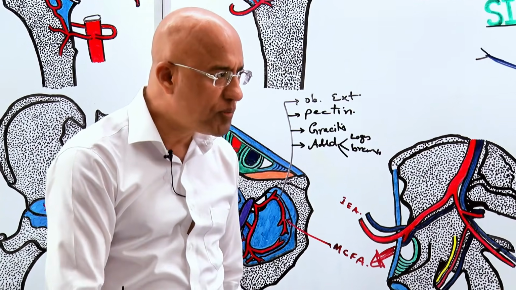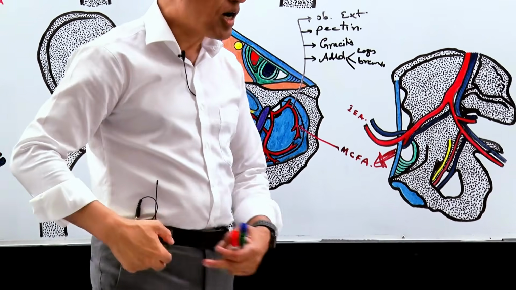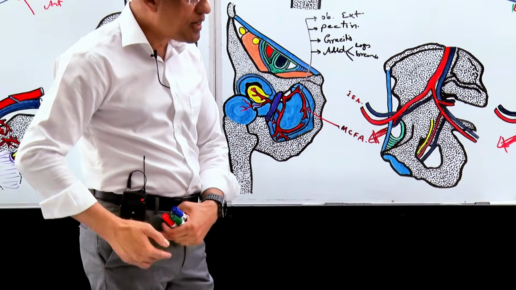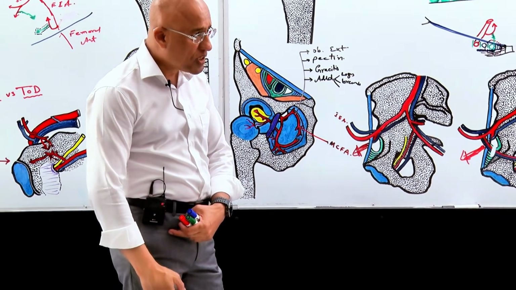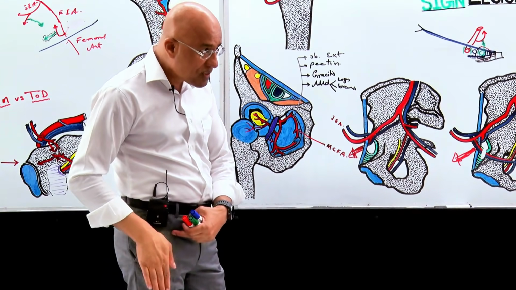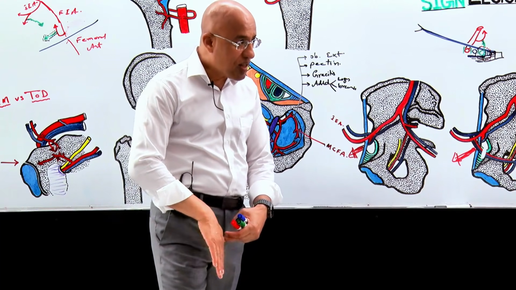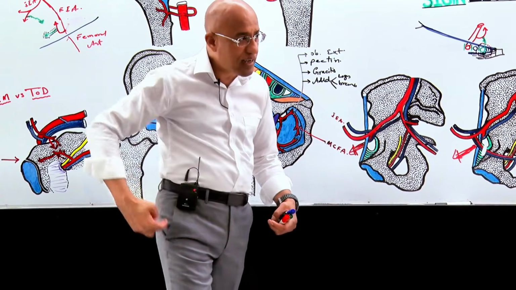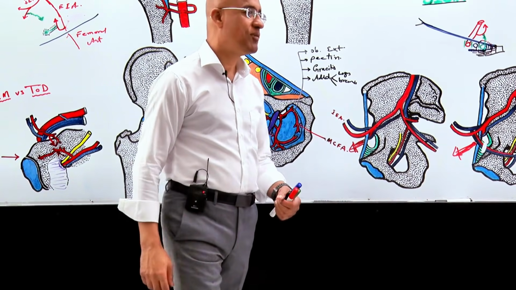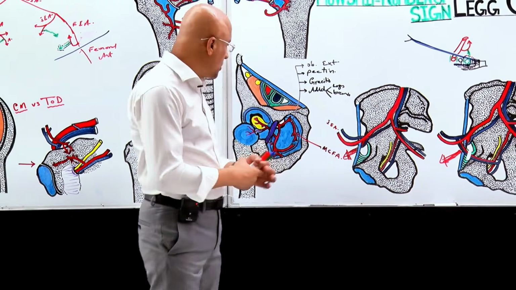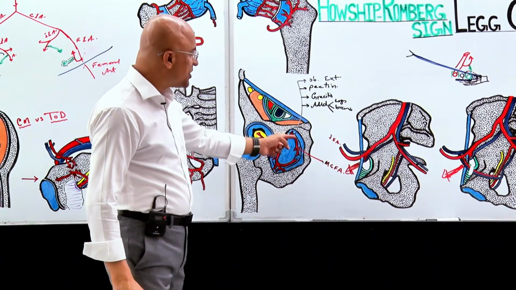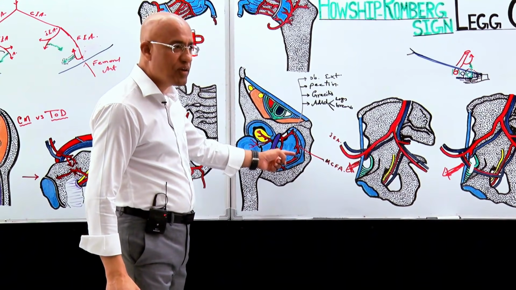So these are muscles on the medial side, right? Obturator externus, then other muscles which are notably pectineus, adductor longus, adductor brevis, adductor magnus, and gracilis, right? So we can say it is basically for the muscles.